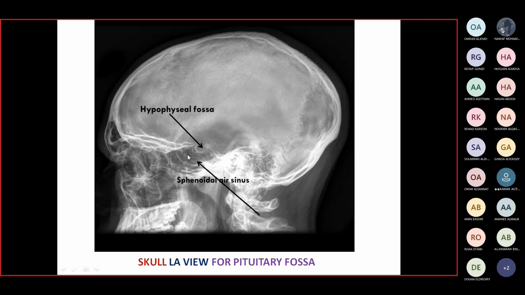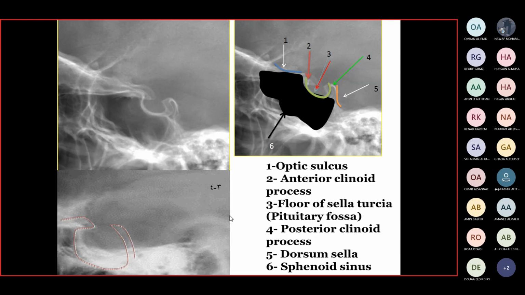and the sphenoid sinus is located anterior to the pituitary gland. This is the lateral view, a magnified image of the skull X-ray to see the anatomy in this area. This is the sphenoid sinus.